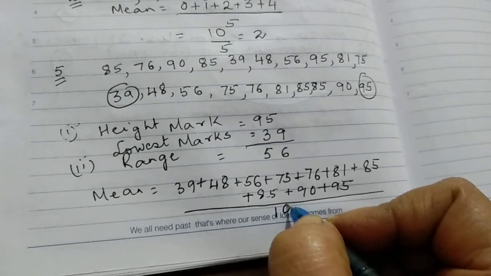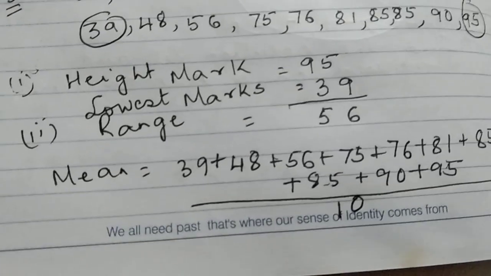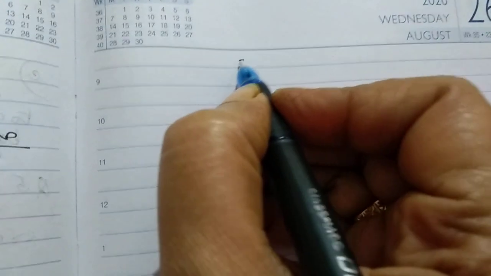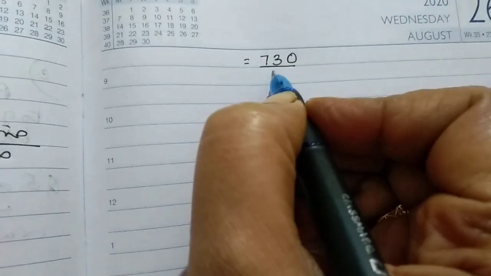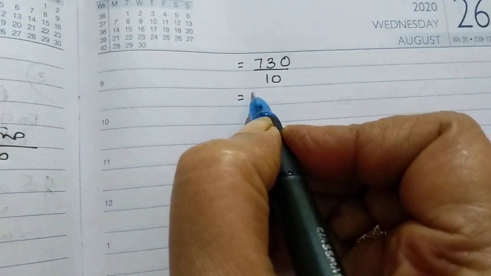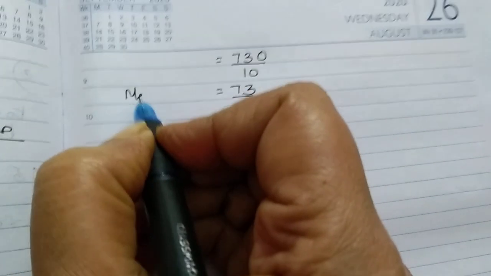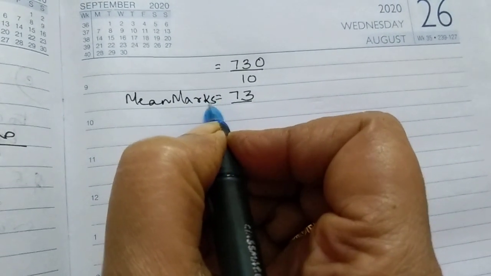You have 10 observations. If you add it up, the total you get is 730. Add it and see whether my addition is correct or not. Divided by 10, you get 73. So the mean marks is 73. Have you understood how to do it?